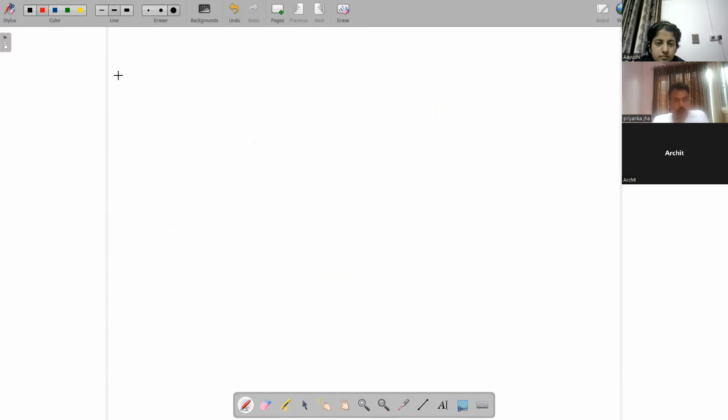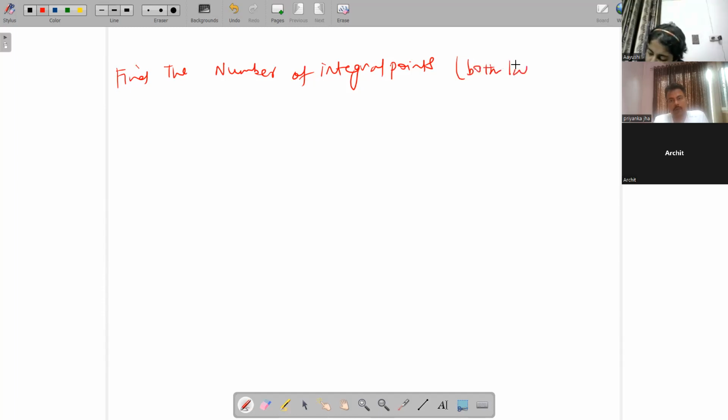Suppose I'll take one small question. Find the number of integral points, both the coordinates should be integer. A number of integral points means that the point has both coordinates integer.